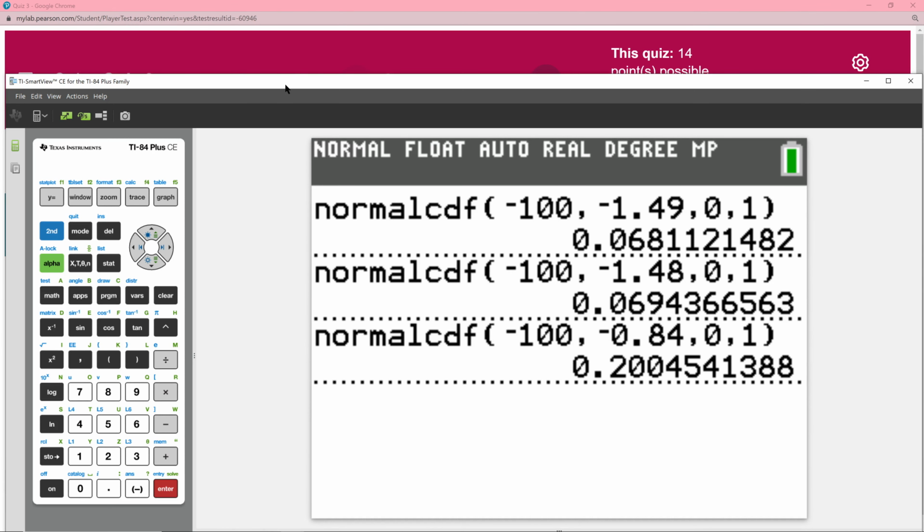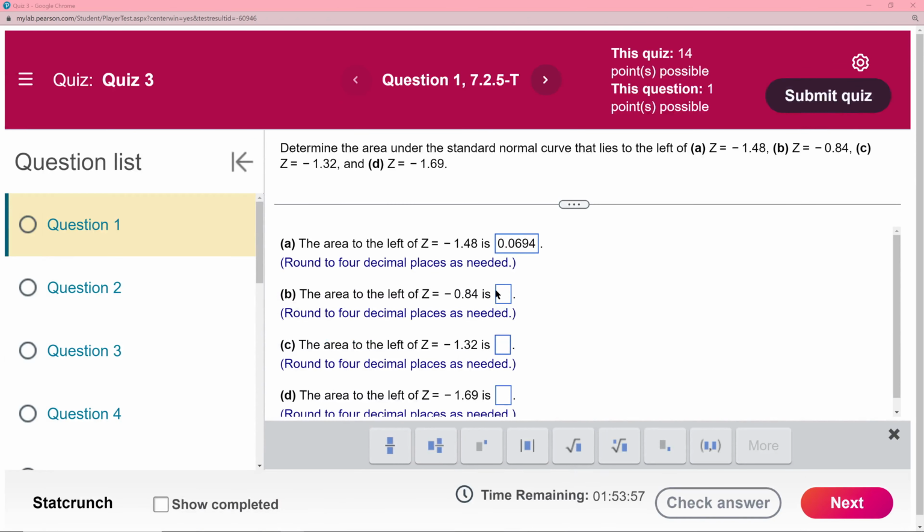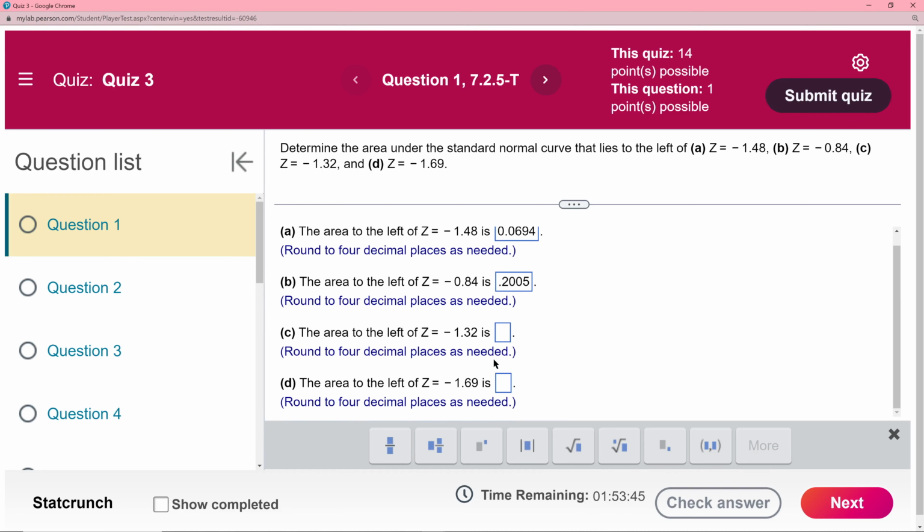We're getting 0.200. .2005, actually. We can round it off to 5. What about the area to the left of that? These are all straightforward. Nothing too crazy.